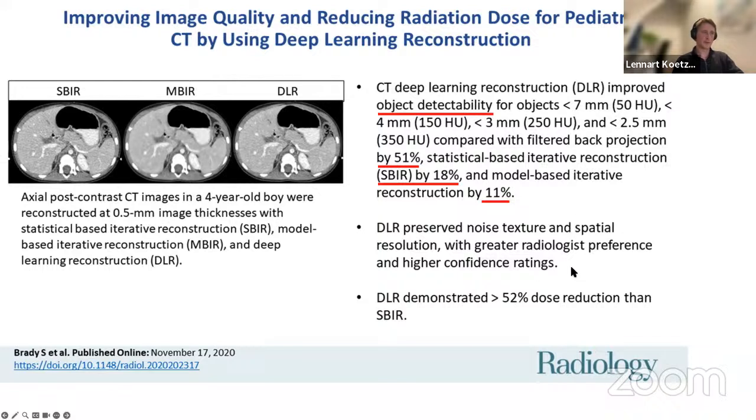DLR also preserved a favorable noise texture and spatial resolution, and radiologists also had greater confidence that their diagnosis was more accurate.